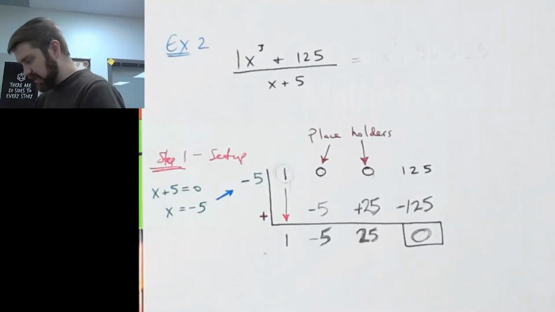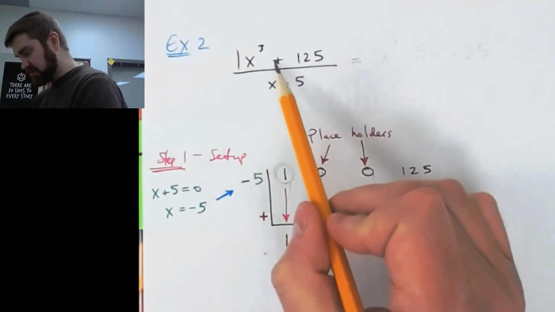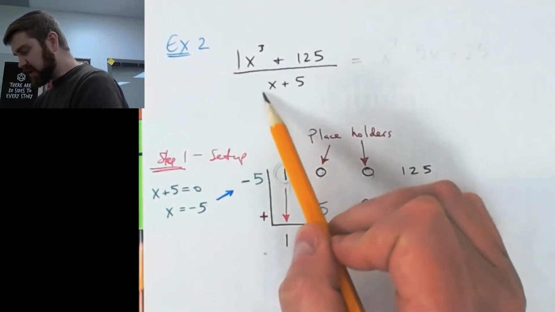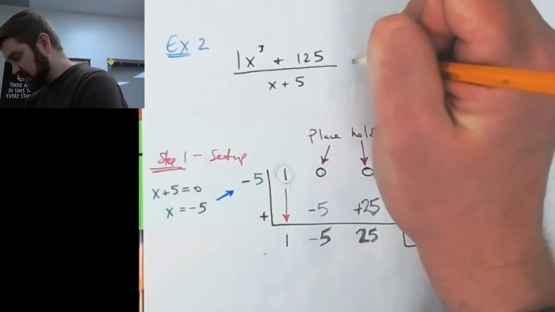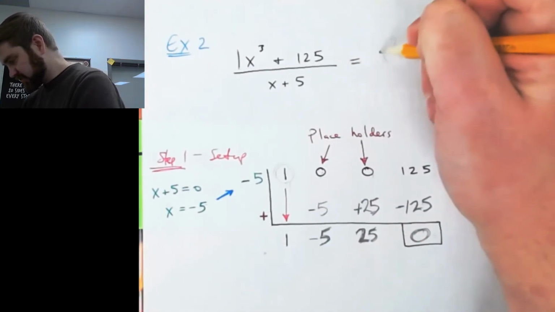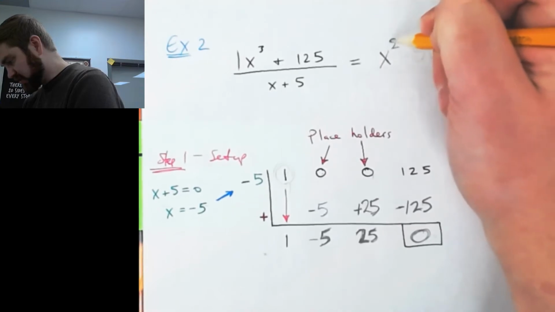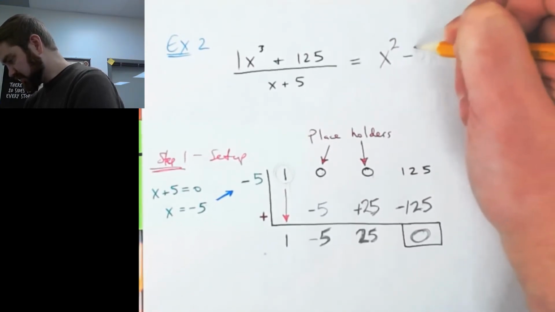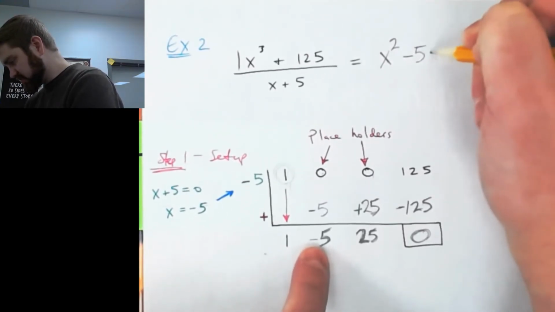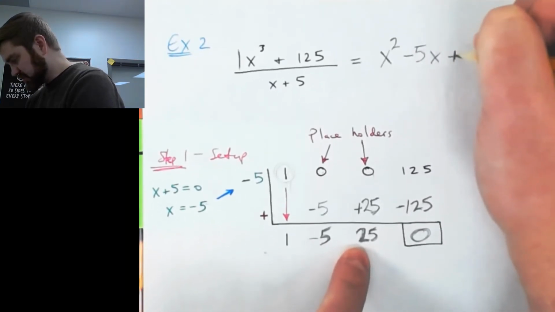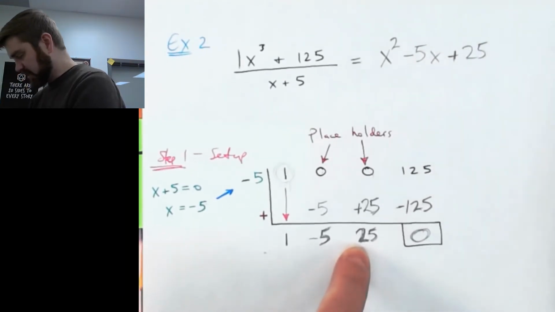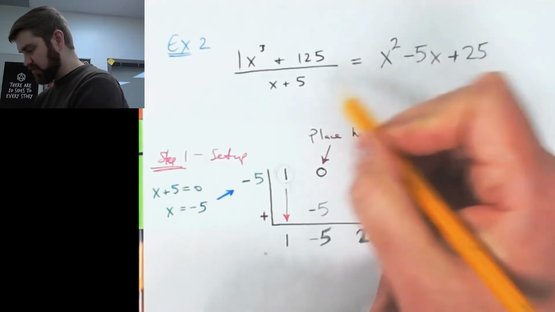This means that if we do x cubed plus 125 divided by x plus 5, our final answer is x squared minus 5x plus 25. We don't need to write a plus 0 over x plus 5.